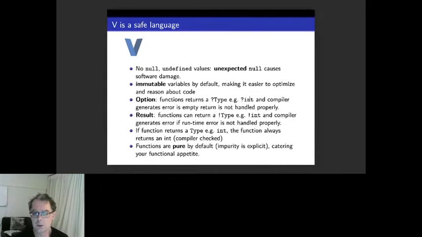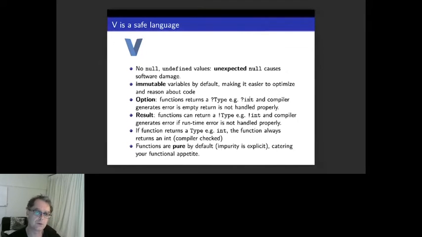V, like Go, includes an option or result. So functions can return a question mark type, for example, question mark int, and the compiler generates an error if an empty return is not handled properly. So when the return value of a function is prefixed with a question mark, the compiler knows that this function might return a null value or a non-value.